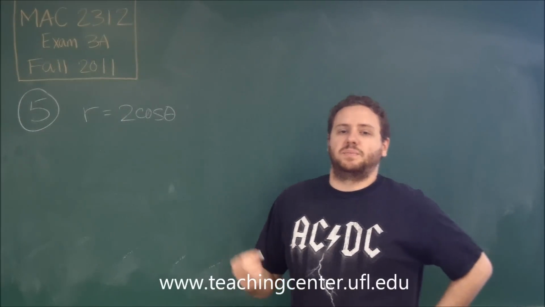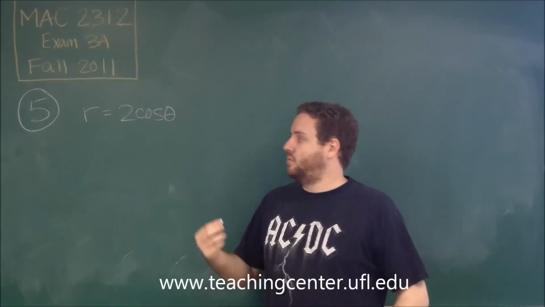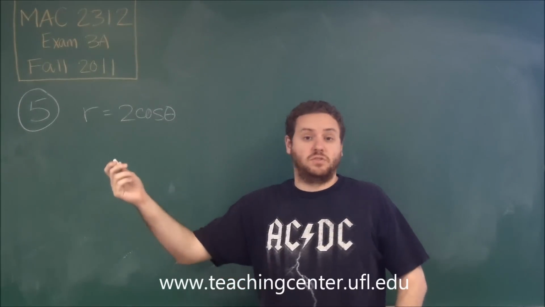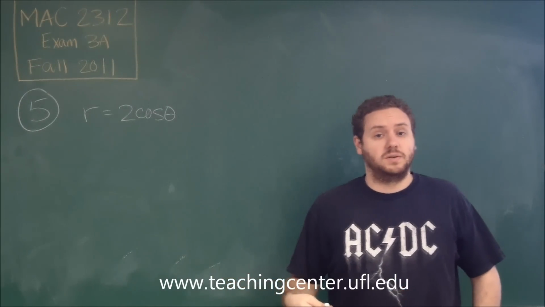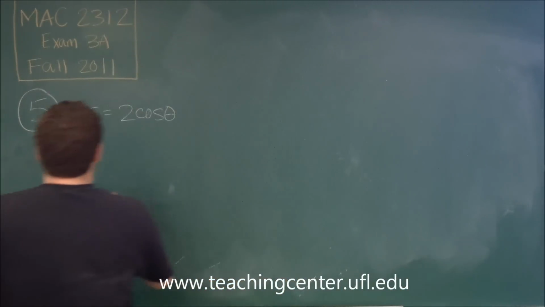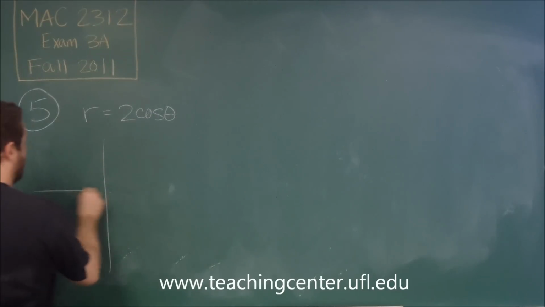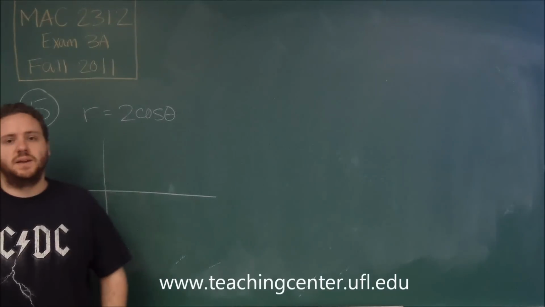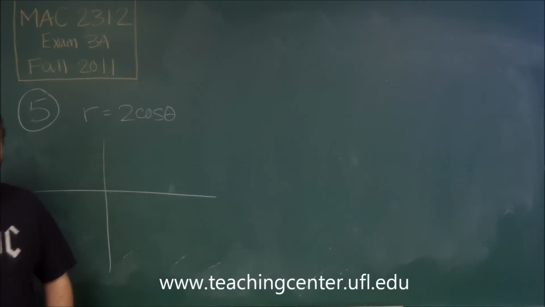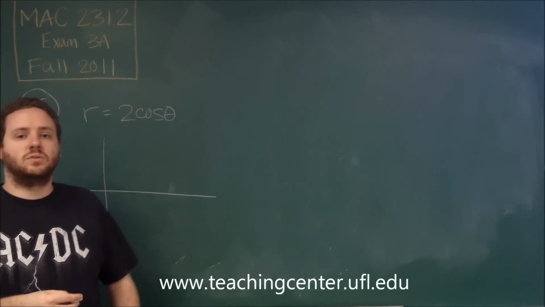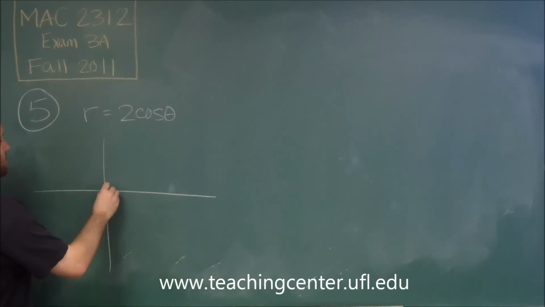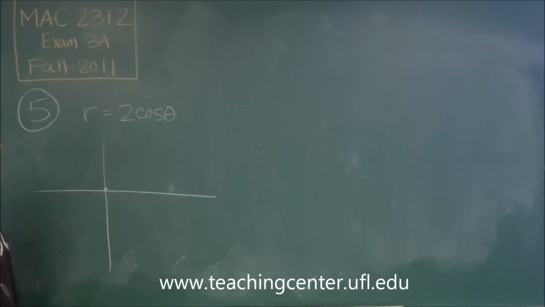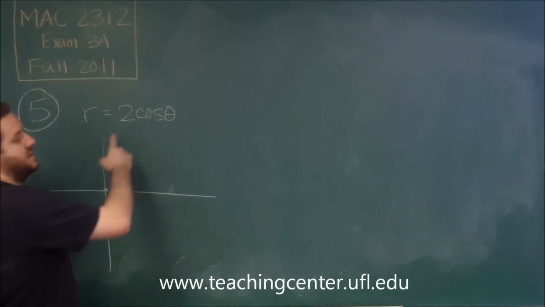The first way, which I think is a bit simpler, requires you to know what this graph looks like, and then you can just go to Cartesian from there. Remember that if you have r equals any constant times cosine theta, you're going to get a circle that has its leftmost point on the origin, and its radius is always half of this constant.